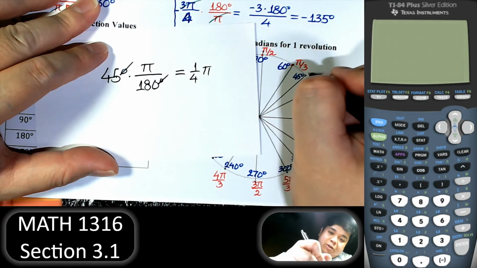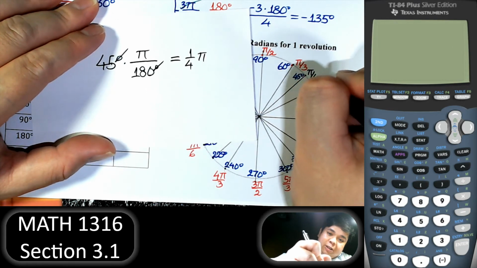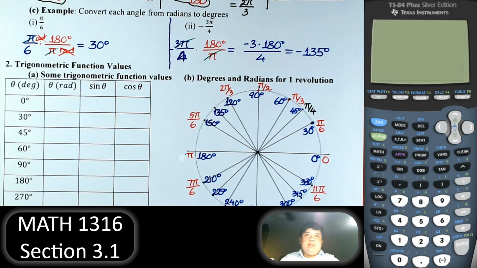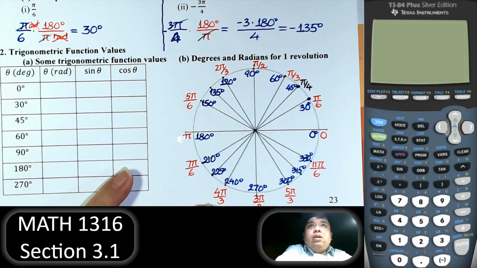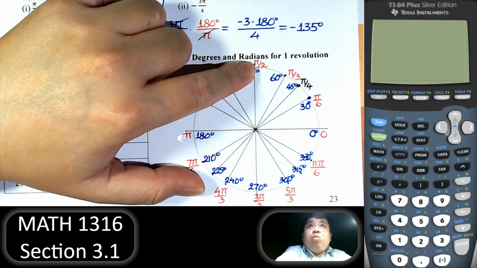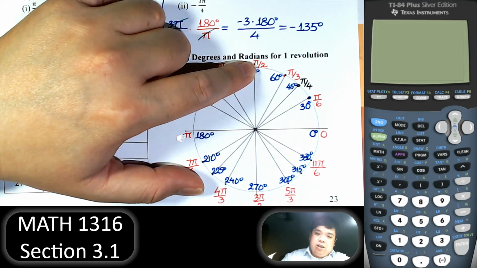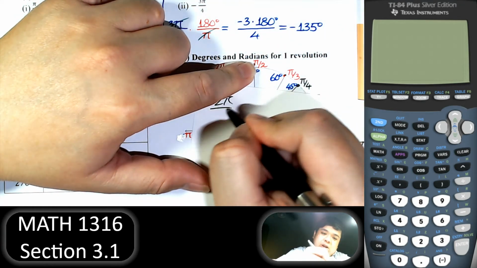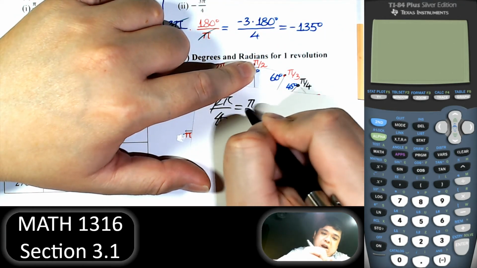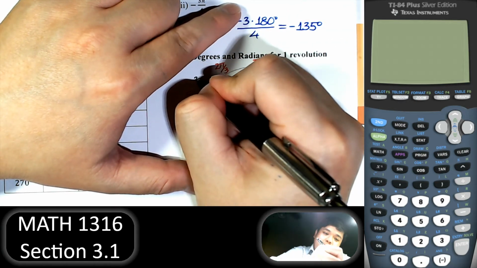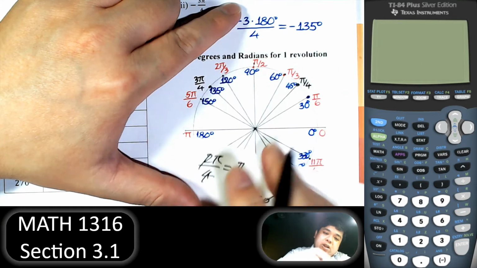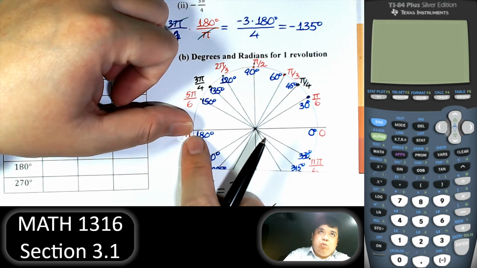So 45 degrees is pi over 4. Now, pi over 4, 2 pi over 4, 2 and 4 cancel out, that's pi over 2, which is good. Next, 3 pi over 4, that is not reduced. 4 pi over 4 reduced to pi, which is good.